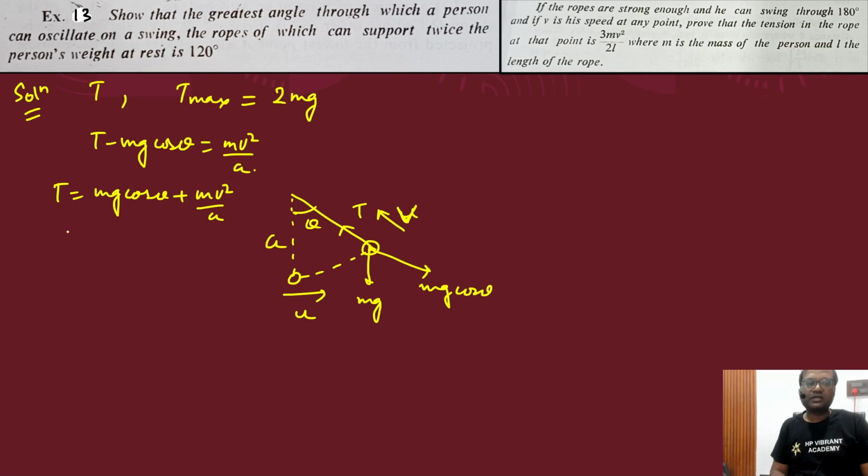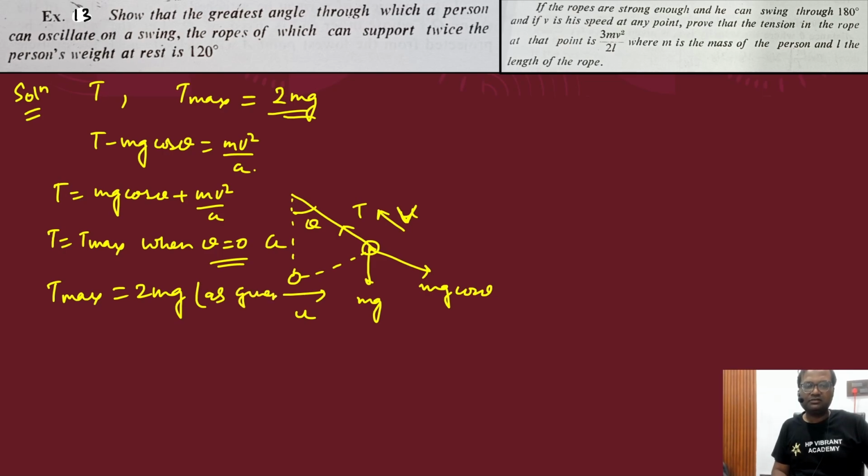So T is equal to T max when theta is equal to 0. At theta is equal to 0, v is equal to u. So T max is equal to 2 mg, as given in the question. Okay.